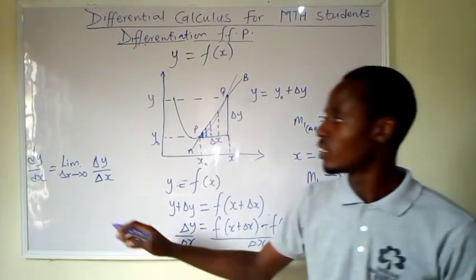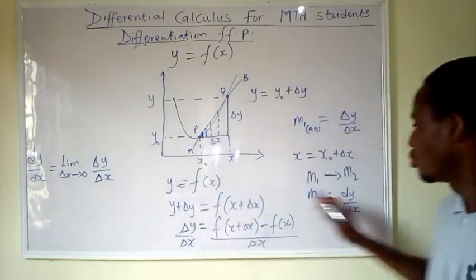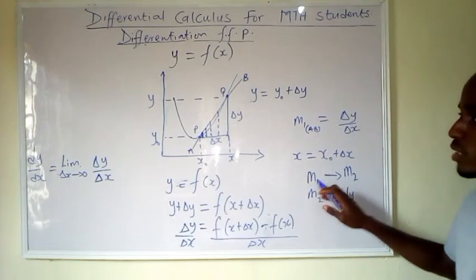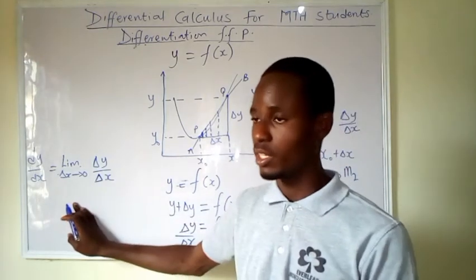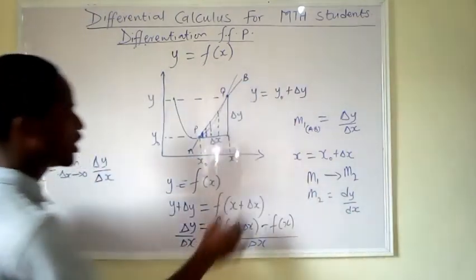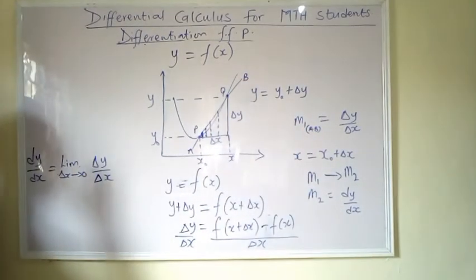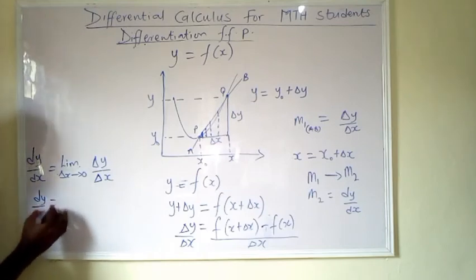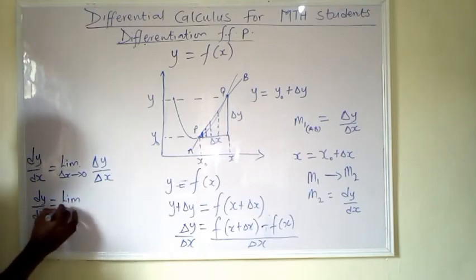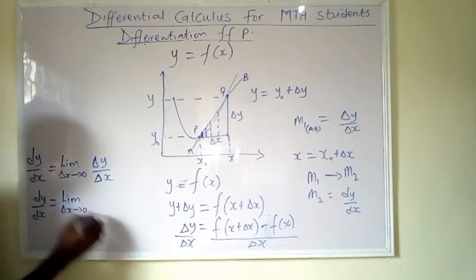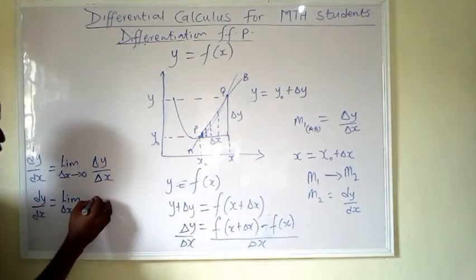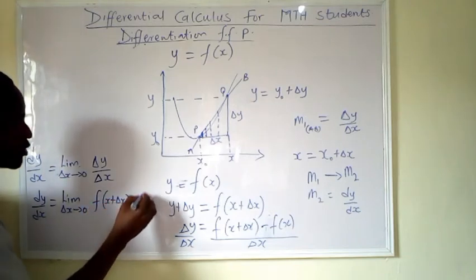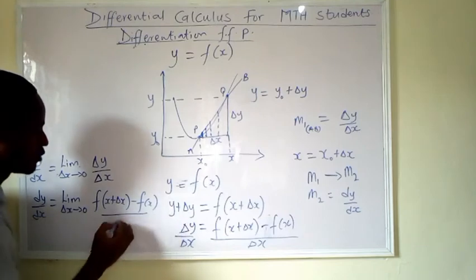So the gradient m2 is gotten as the gradient m1 tends to that limit. That is what the explanation is all about. What we do here is what we call differentiation from first principle. Which implies that dy/dx of the function is equal to the limit as change in x tends to 0 of f of x plus change in x, all minus f(x), all over change in x.